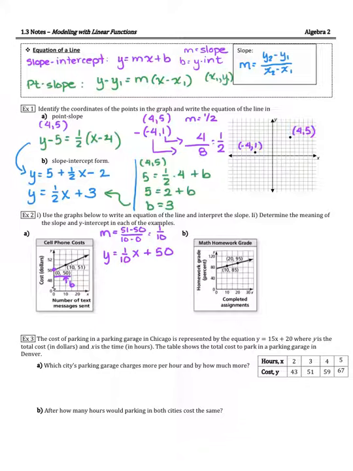And so now, they want us to determine the meaning of the slope and the y-intercept. So let's look at what they told us. In the x direction, we have the number of text messages sent, and then the cost.